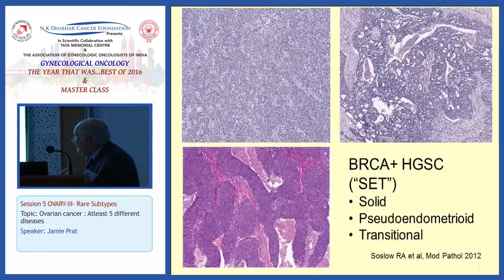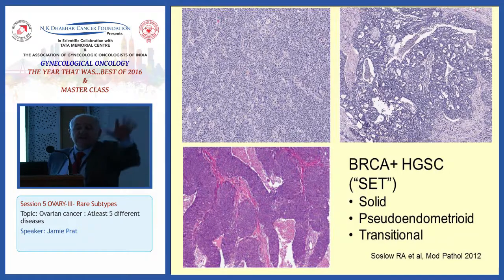It's solid, as shown here. It is a little bit glandular, like endometrioid, or transitional, like the bladder. All of these three are high-grade serous carcinomas with P53 and BRCA, with different morphology.